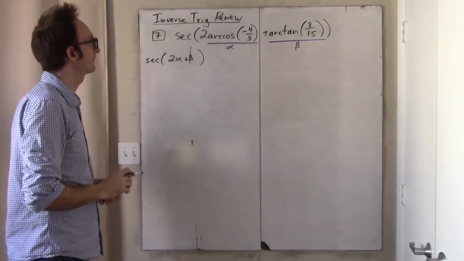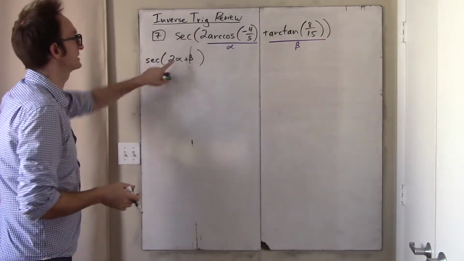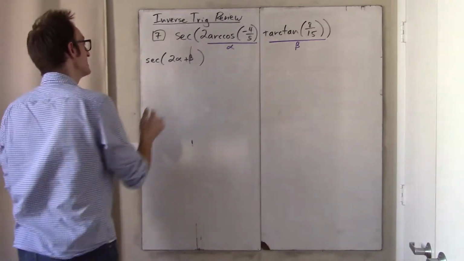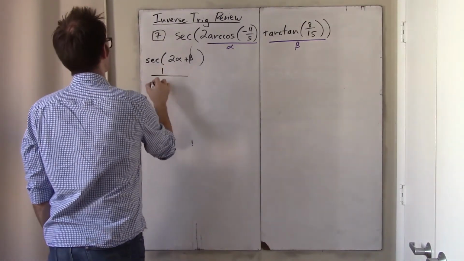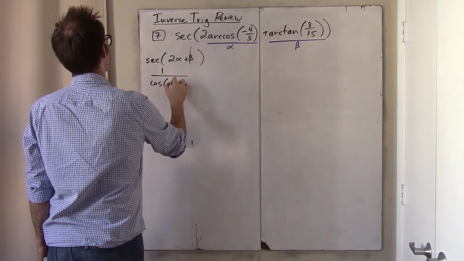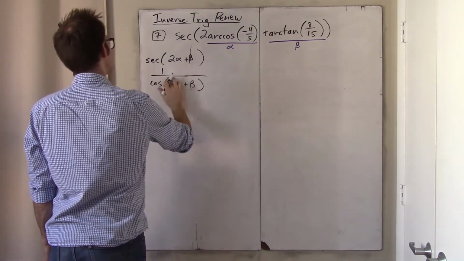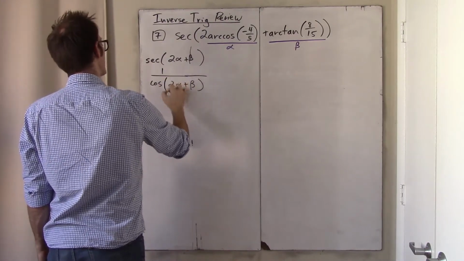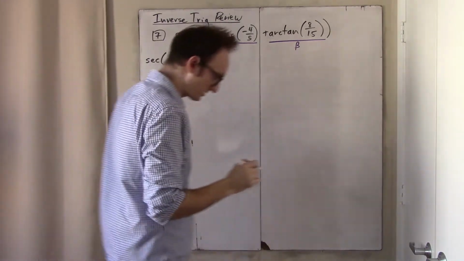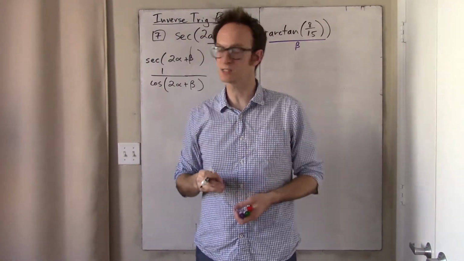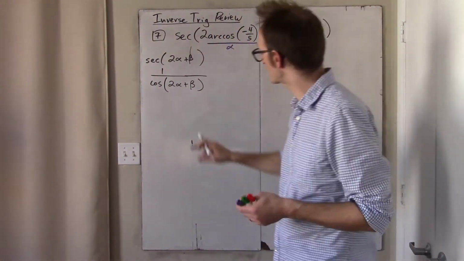Well, I don't really have a formula for the secant of a sum, but of course the secant is just the reciprocal of the cosine. So really this is 1 over cosine of 2 alpha plus beta. And I have a formula for that, one of the important formulas you should all know by heart, which is cosine of a sum.